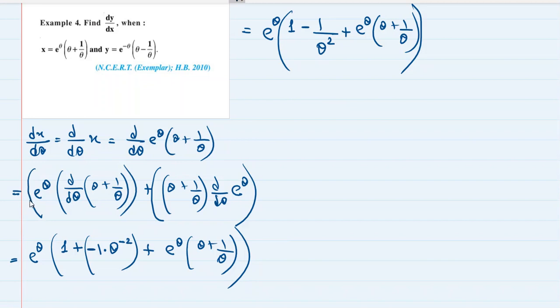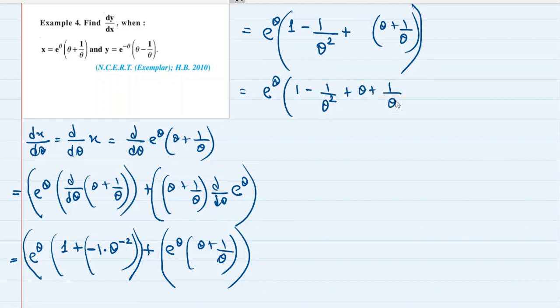Yes, I did not put a bracket over here. So these terms are together and these terms are together, and both have e raised to theta common. So e raised to theta comes out common and we don't have any e raised to theta left inside. Now we can open the bracket and simplify. So this will become e raised to theta times (1 minus 1 by theta square plus theta plus 1 by theta).